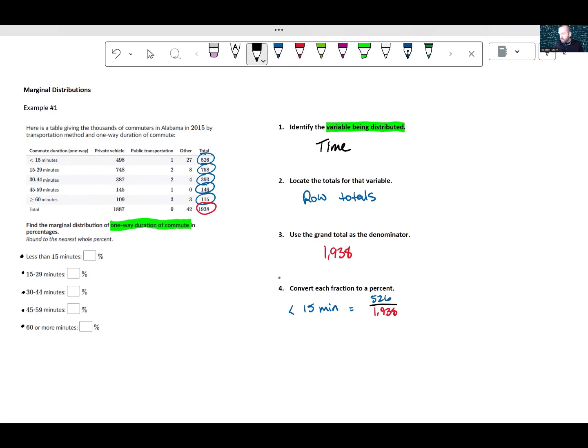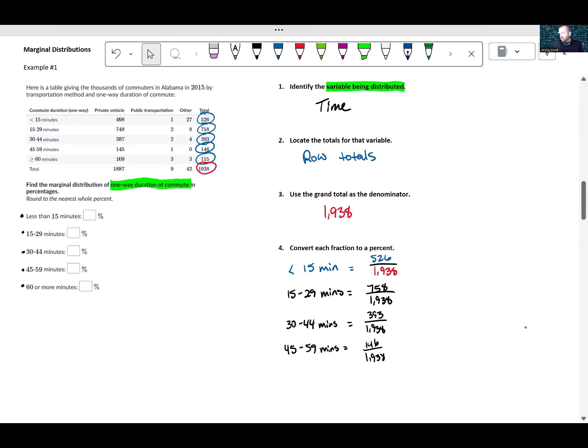So for 15 to 29 minutes, let me just put this back in black here, is 758 over 1,938. 30 to 44 minutes is 393 over 1,938. 45 to 59 minutes is 146 over 1,938.